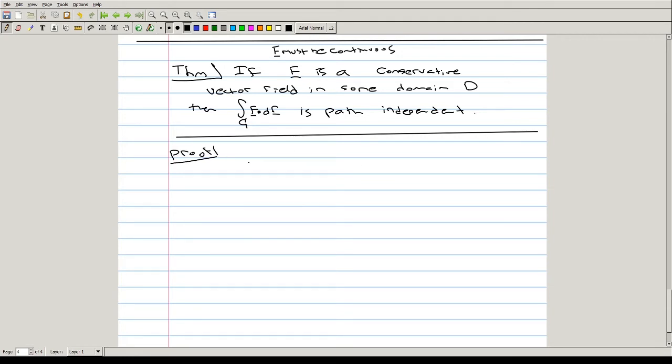If we assume that f is conservative on D, that means there exists a function phi, the potential function, such that f is equal to the gradient of phi.